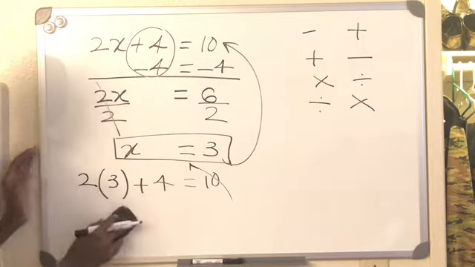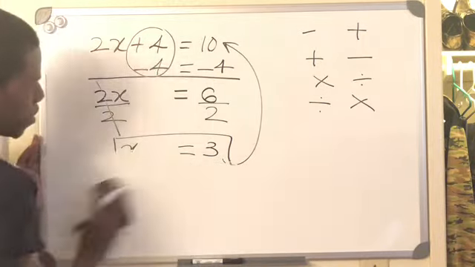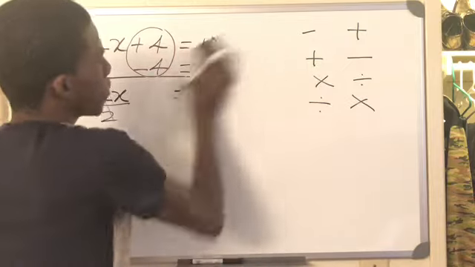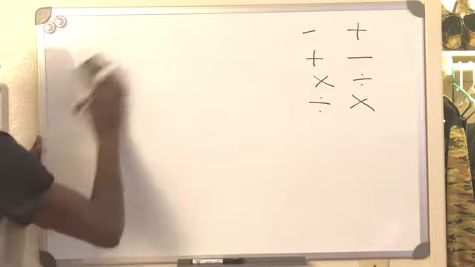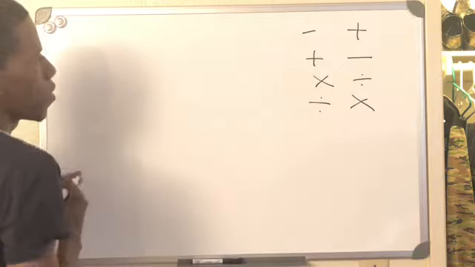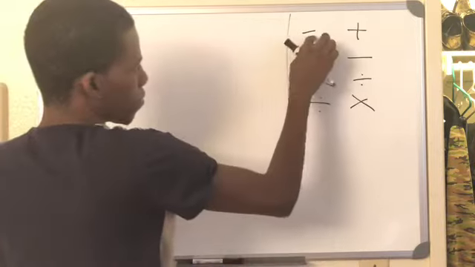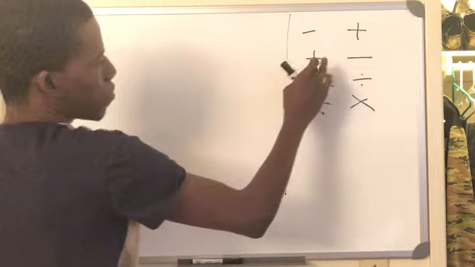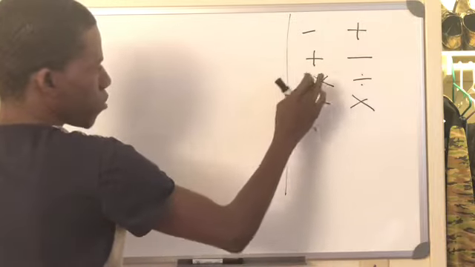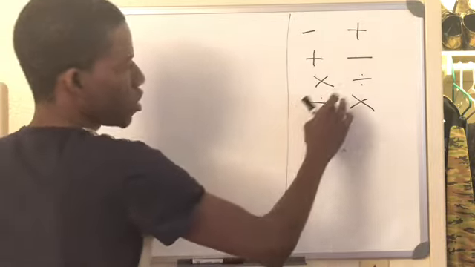Okay, so let me solve another one for you guys. Remember this: if you subtract, you add. If you have a plus sign, you subtract. If you have a multiplication, you divide. If you have a division, you multiply.